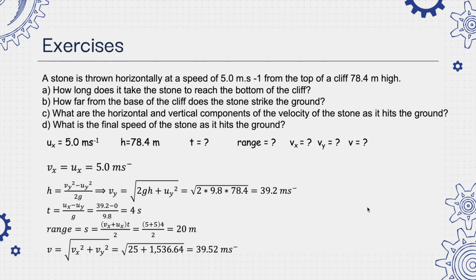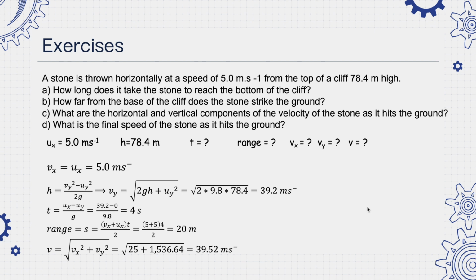Then I calculated the time it takes to get to the ground. Okay, I made a little mistake in the formula, because time is equal to Vy minus Uy divided by g, not Ux.